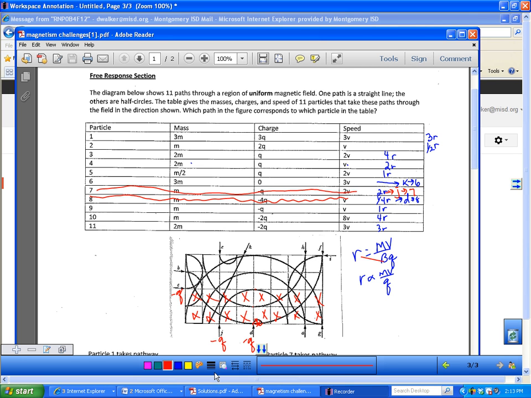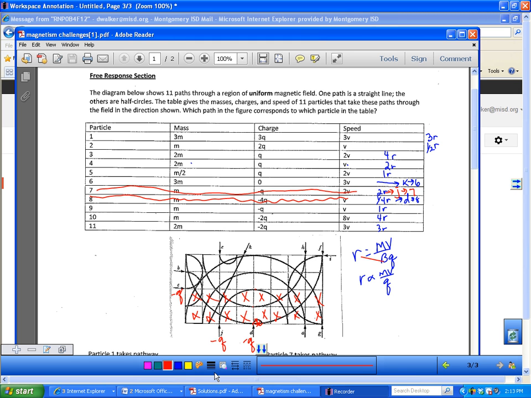So if I do pathway B as being a negative particle, and I put my fingers pointing into the page, my particle going to the left, then my force would be causing it to go in a circle like that.